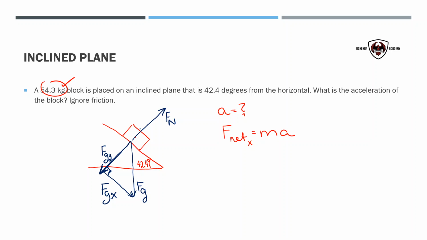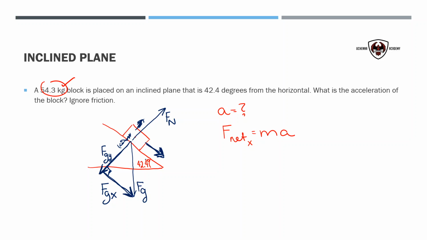If the normal force was bigger, the object would be moving upward, but it's not. It's actually moving down this way.